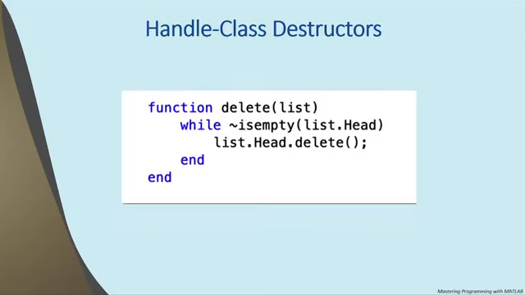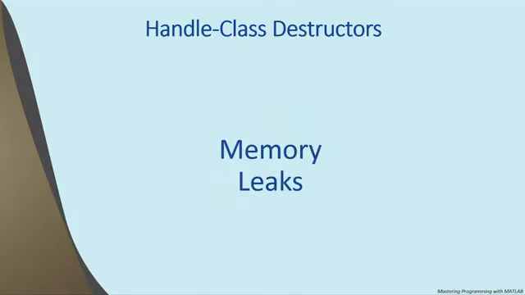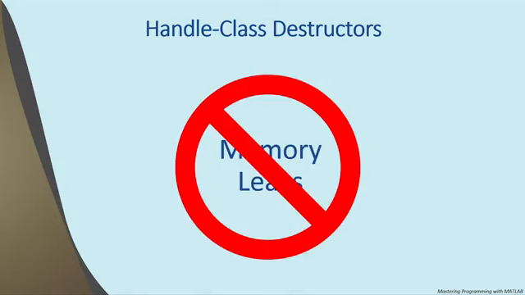We learned about handle class destructors, which tidy up when we're done with handle objects, and we learned that MATLAB recycles the object's memory when they're no longer reachable via any handles and are therefore no longer usable. Its constant recycling avoids so-called memory leaks, when more and more memory is occupied by inaccessible objects.